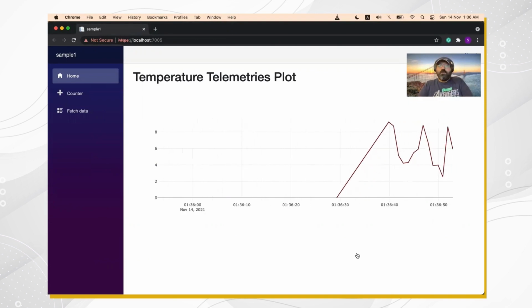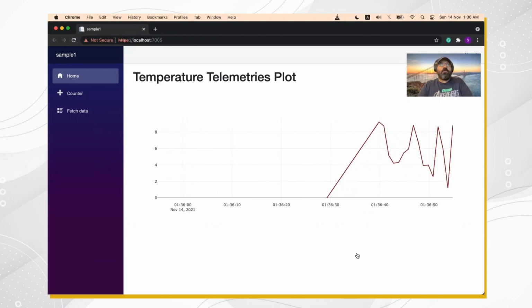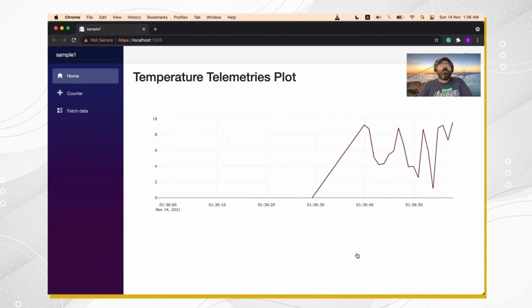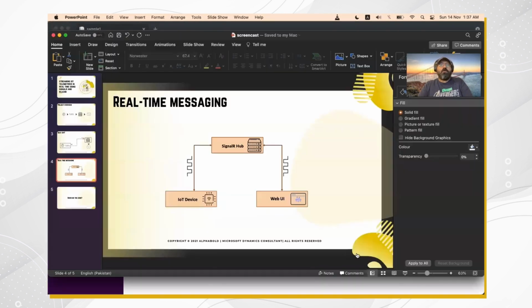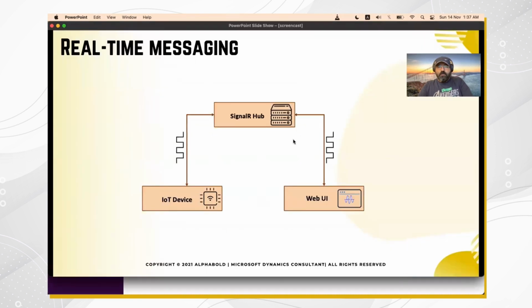Let's go back to the slide deck. I think there we go. On this slide in particular, our soft device is sending the data stream off to the hub, and on the other side of the equation, we have the web UI that is consuming all that data and plotting those data points on the real-time chart.